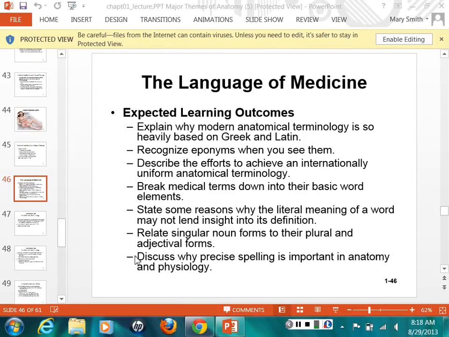Chondros. Cartilage. Let me go back here and look. Chondros: cartilage, gristle, ribs. Yeah. Below your ribs.